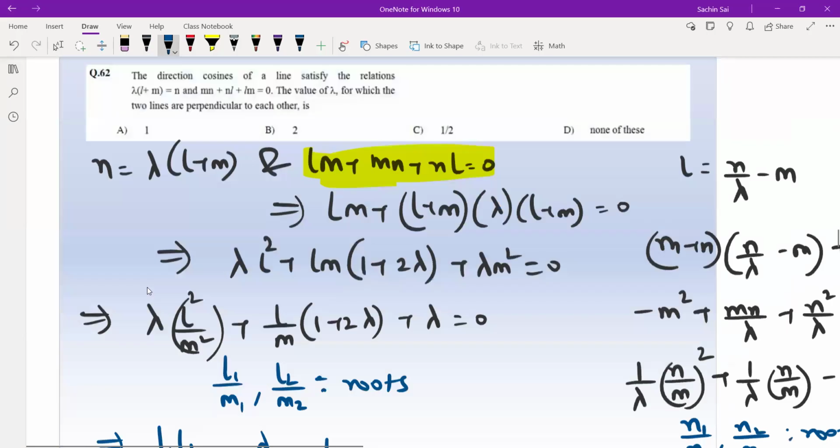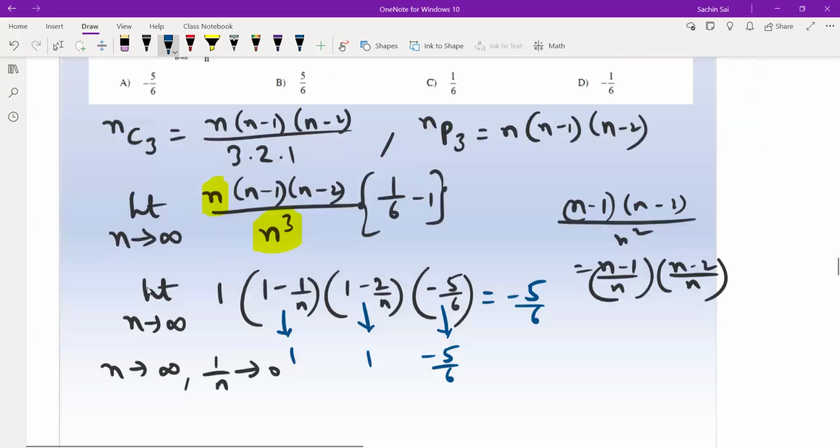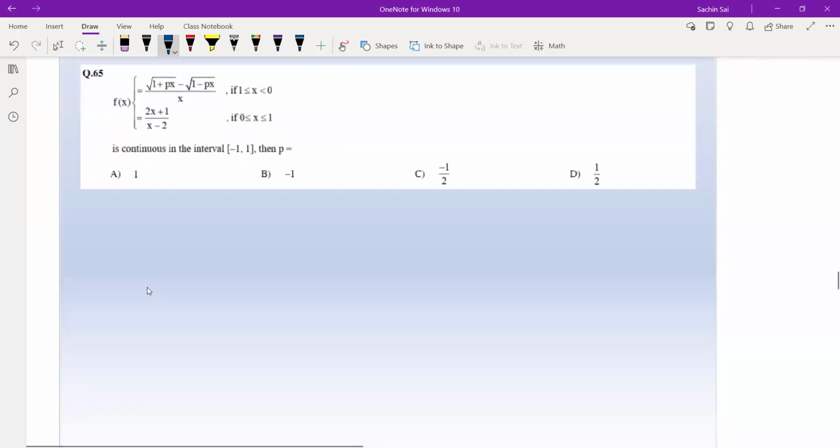The answer is that we always look for discontinuities at points where the definition changes, right? So here from minus 1 to 0, f of x has one particular definition. From 0 to 1, f of x has another definition. The definition changes at 0. So if the function is continuous in the interval minus 1 to 1, then it must also be continuous at the points where the definition changes, which is at 0 in this particular case.